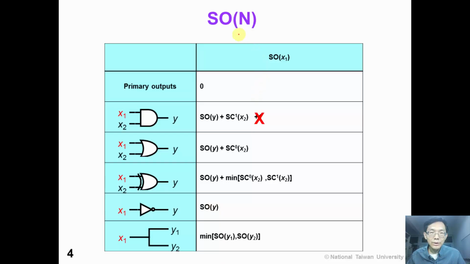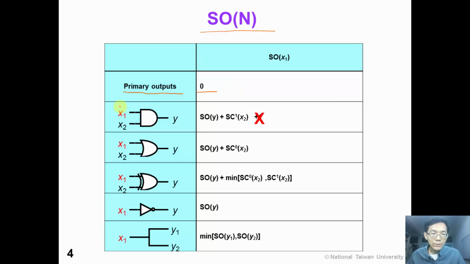This table shows the sequential observability of node n. For a primary output, the SO value is 0 because we don't need to clock any flip-flop to observe a primary output.